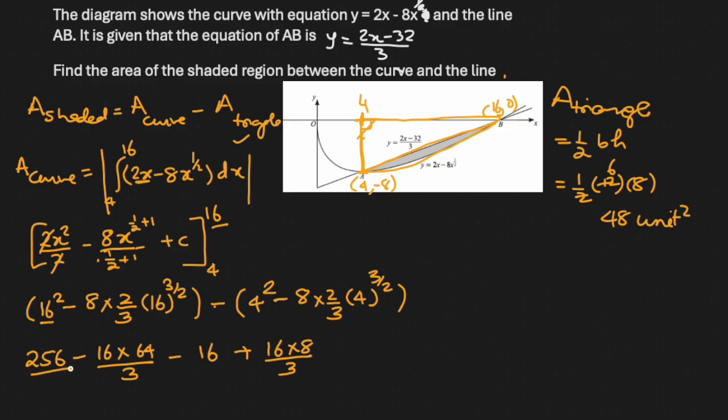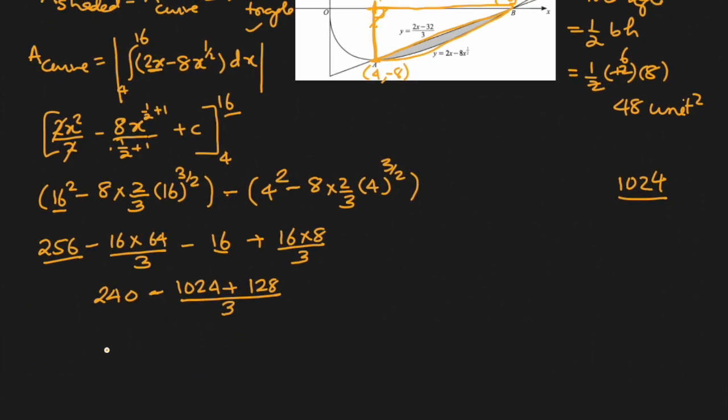Okay, 256 minus 16 will be 240. 16 times 64 will be 1024, plus this minus is here. Okay, 128 over 3. So how much does this come out to be?